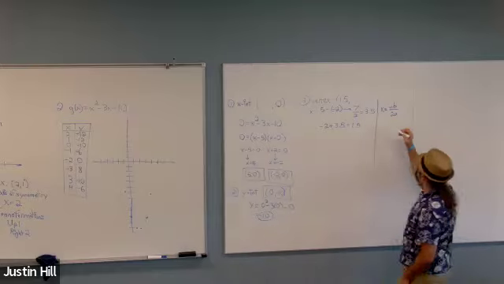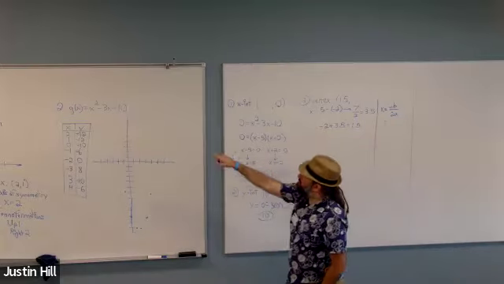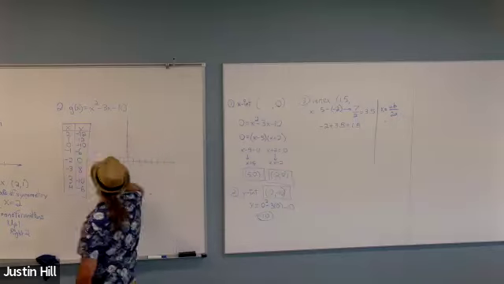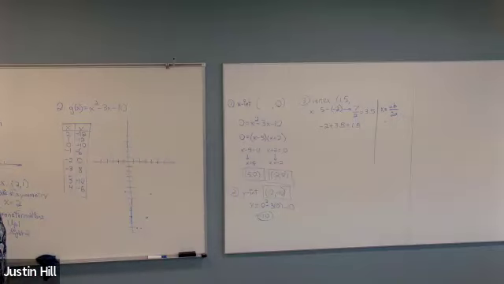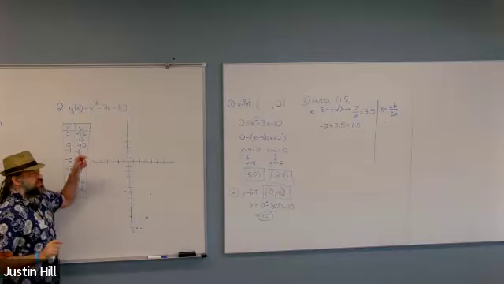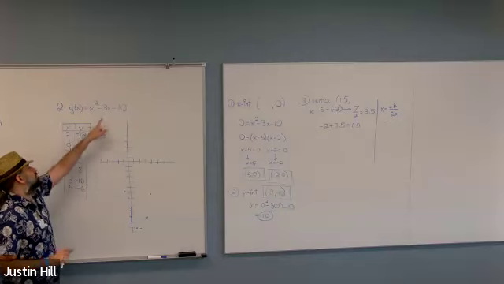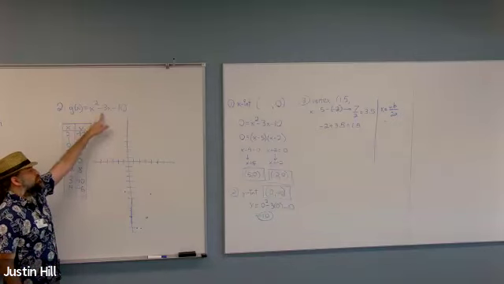Like in this case, what's our b value? Say it louder. Are you saying -3? Yeah, it's -3, perfect. And what's our a?